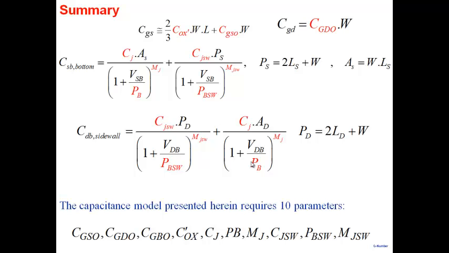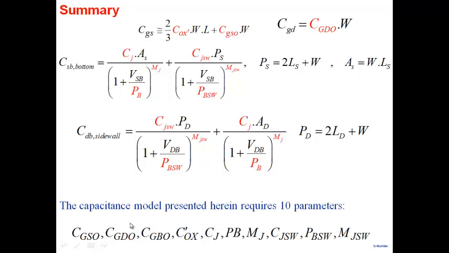Okay, let me give you some typical values. You can see all the capacitances that are there in saturation region: CGS, CGD, C source to body, and C drain to body. Remove the sidewall term, it should not be there. So these are the capacitances that are there. And you can see, to calculate these capacitances, you need to know these values here: CGS0, CGD0.